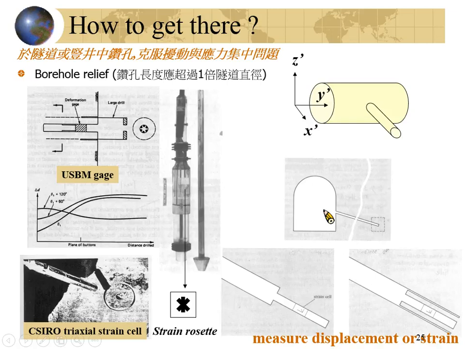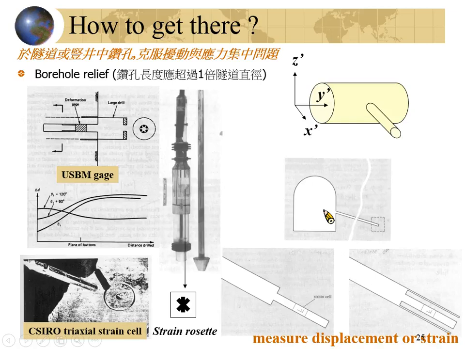So I drill a borehole like this to here, drill a small borehole, and put these sensors into it. And of course I need some wires, because you want to measure the deformation, so you need wires to the tunnel wall.